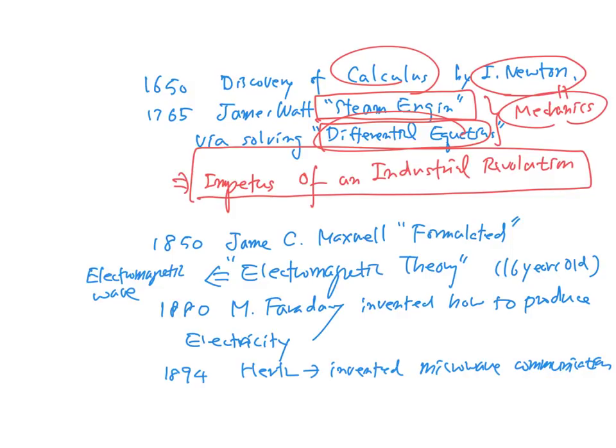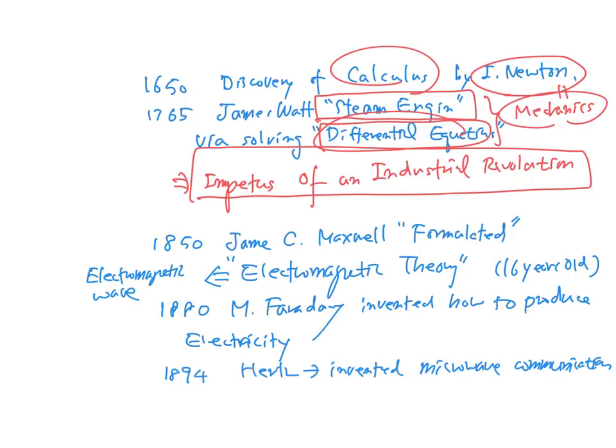He also discovered the mechanics, and then those two were combined by James Watt, by solving the differential equations, and then he invented the steam engine. And with the advent of a steam engine, the modern industrial revolution, we can build automobiles, factories, and mass production things. So everything started with steam engine, and if we trace back, it all goes back to the calculus and mechanics.